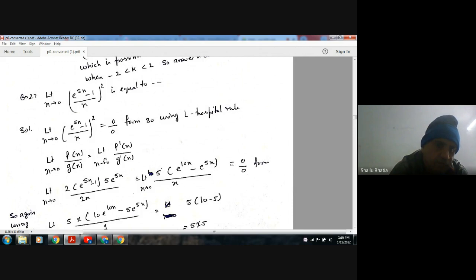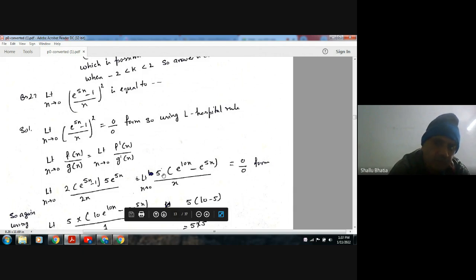and equate it to the original one. So limit x→0 f(x)/g(x) is equal to limit x→0 f'(x)/g'(x). This is L'Hospital's rule. Now differentiating, we get 2(e^(5x) − 1), and the differentiation of the inner term gives 5e^(5x), and the denominator is 2x.